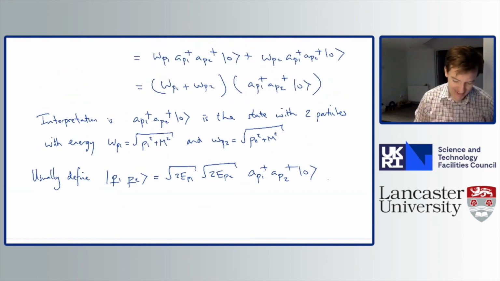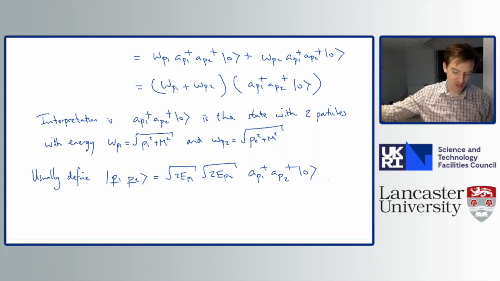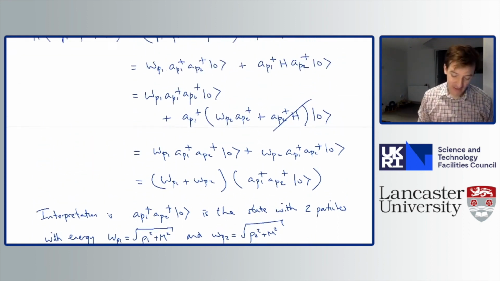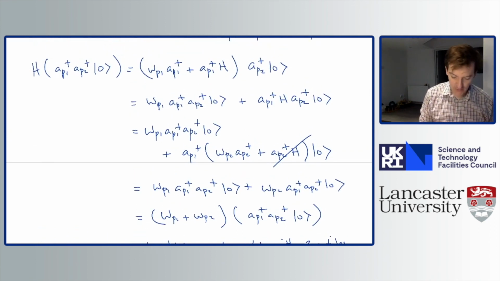It'll be exactly the same manipulations, and the result will be omega 1 plus omega 2 plus omega 3 plus dot, dot, dot, for as many particles as you have. It's always the case that you just act with these commutation relations, always bringing H to the right. You keep acting until H hits 0, and then you're done.